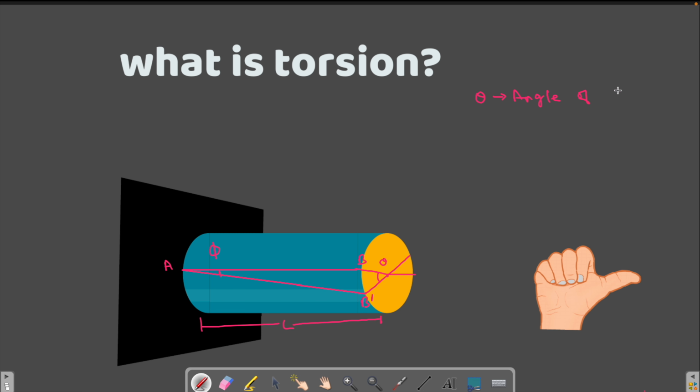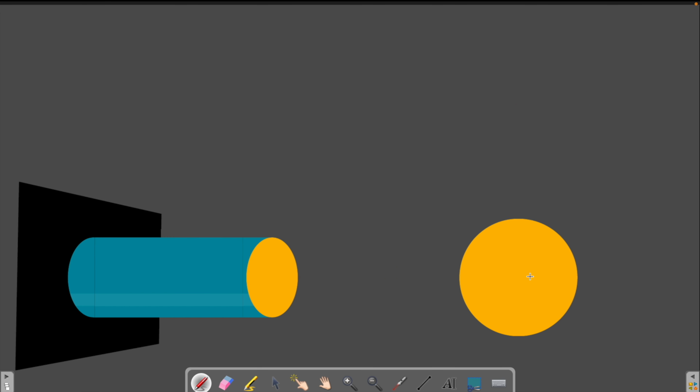Now, if we look carefully over here, this is point B, this is point B dash, and this is the angle of twist, angle theta, and it causes a shear stress in the shaft. And now this shear stress is maximum in the outer periphery of the shaft and is zero at the center of the shaft.